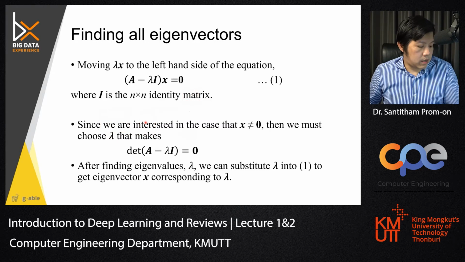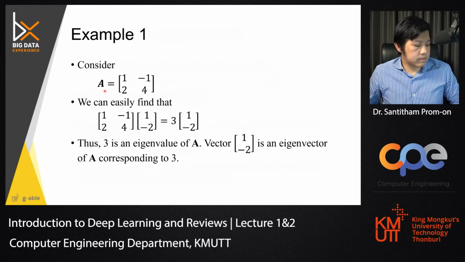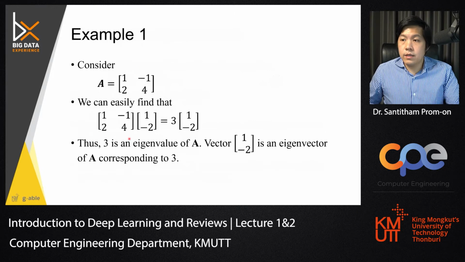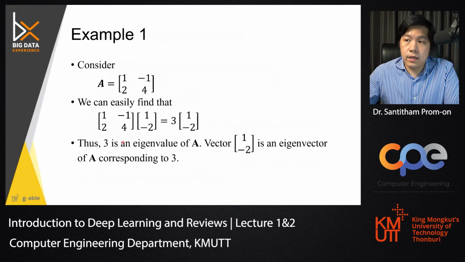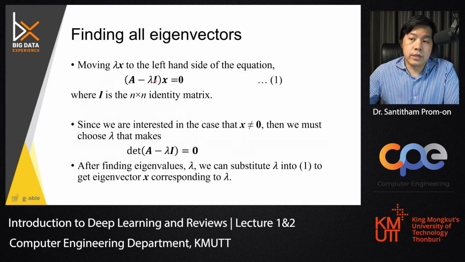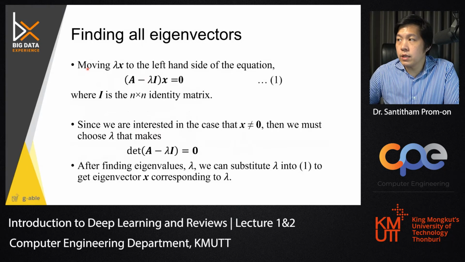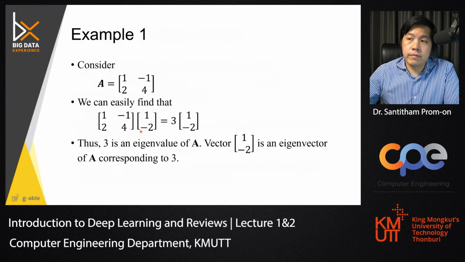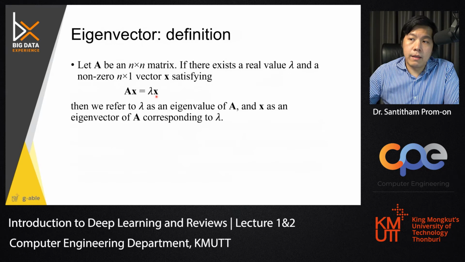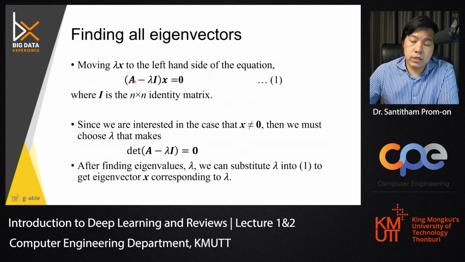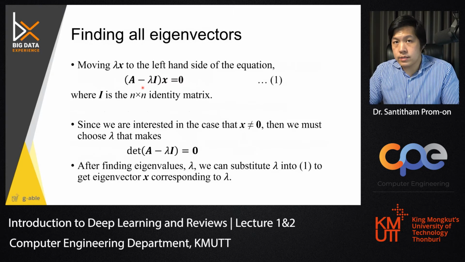So once we have this equation, and we want to find the characteristic equation of this matrix, we can determine it by moving the lambda x from this equation to the left hand side and then pulling x out. We have (A minus lambda I) x equal to 0.